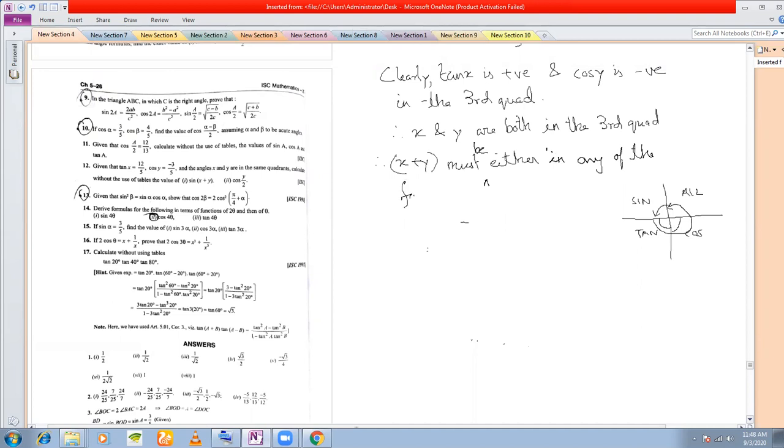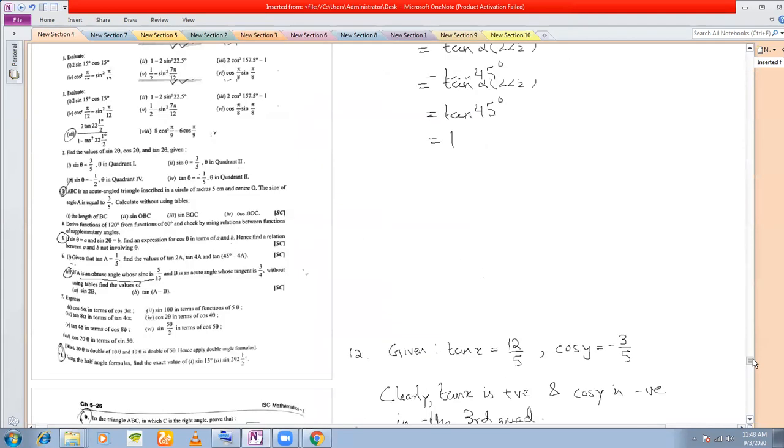That means sine can either be positive or it can be negative. Therefore, what is sin(x + y)?